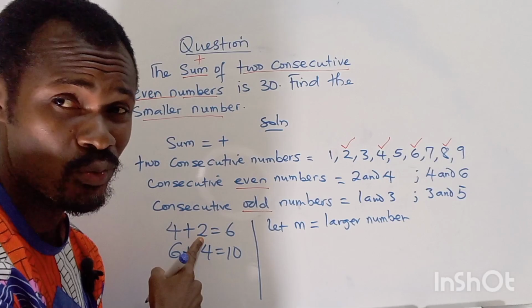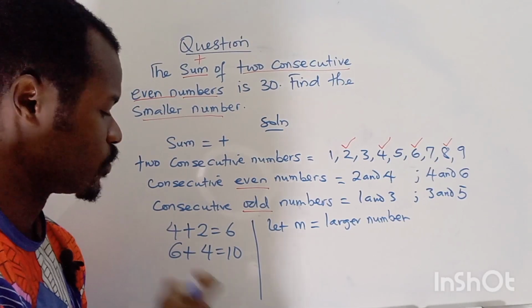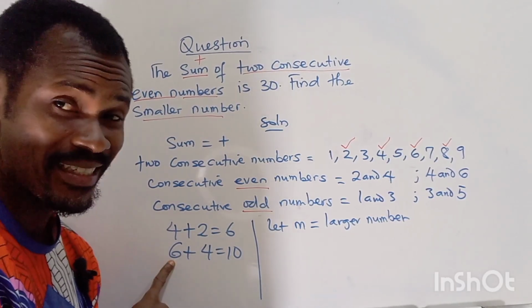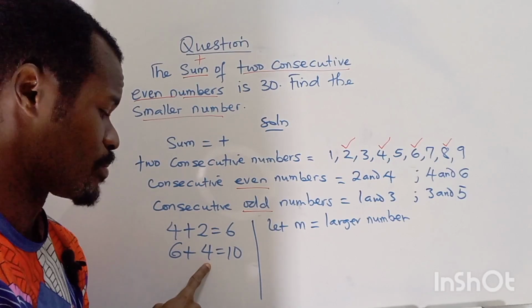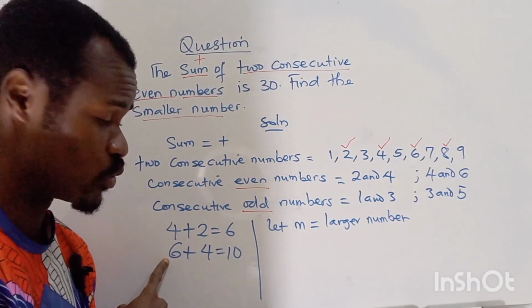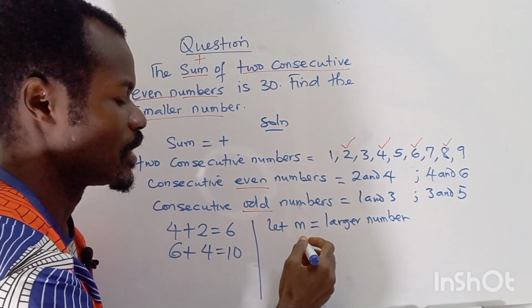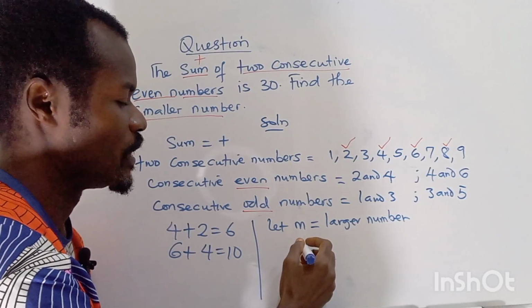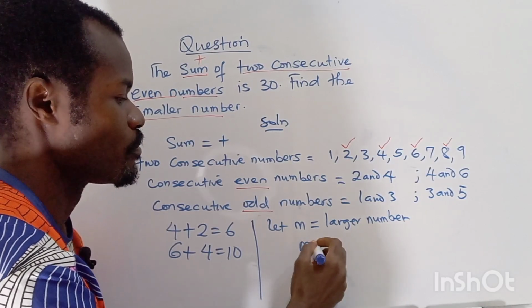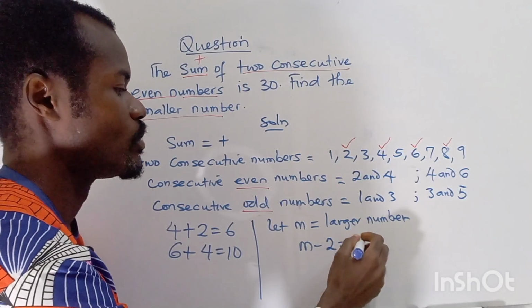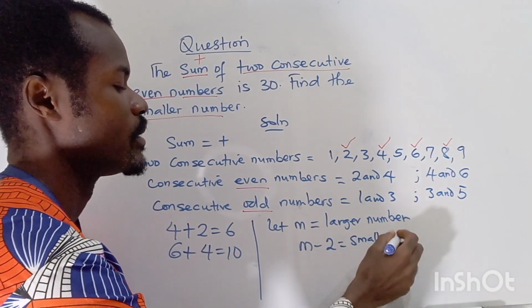The smaller number is 4 minus 2. Also, this is 6, the larger number. The smaller number is 6 minus 2, which is 4. So if n is the larger number, the smaller number is going to be n minus 2.